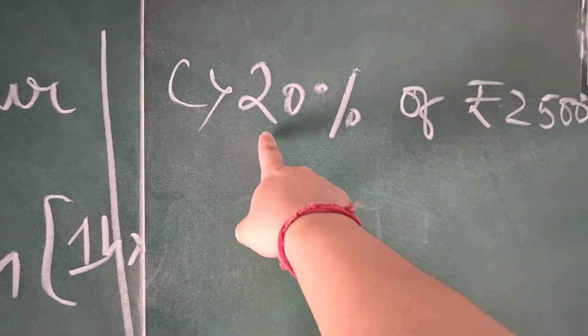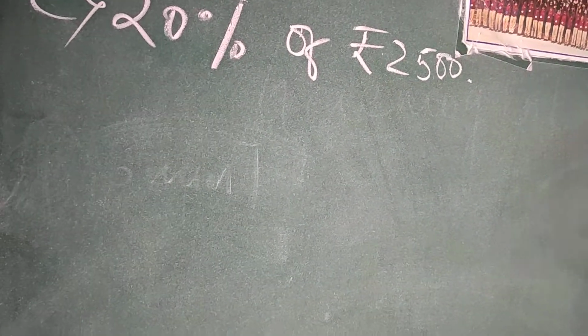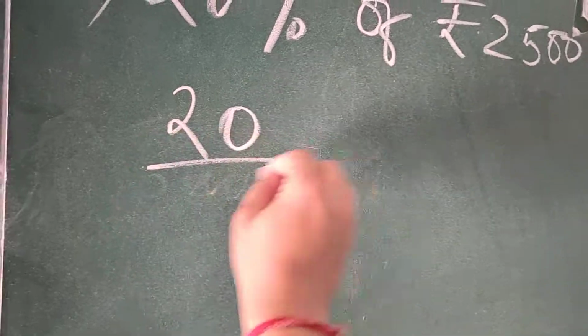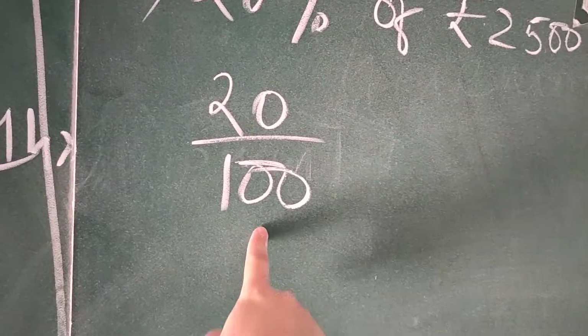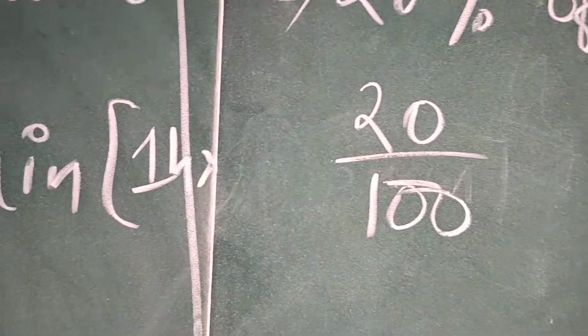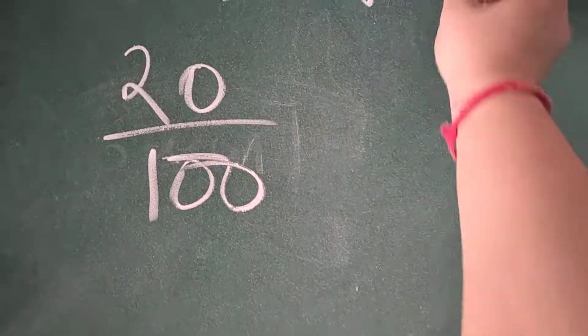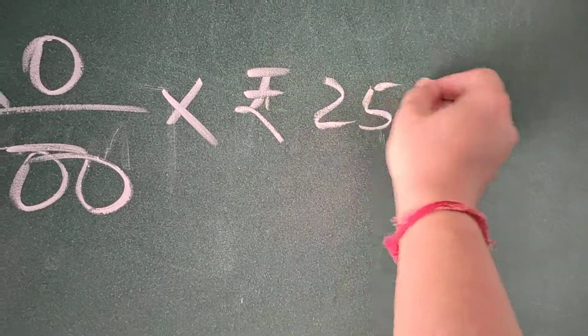Find the value of 20% of 2500. Now, 20% is first converted into the normal form. Whenever you remove the percentage, it will automatically get divided by 100. Now this "of" will be written as multiplication and rupees 2500.